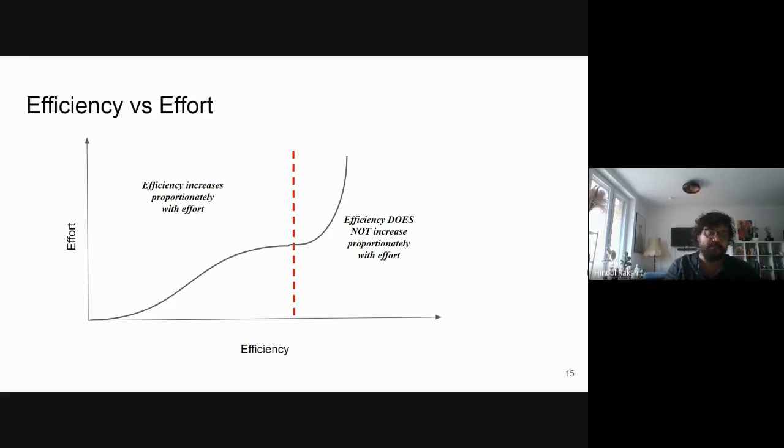So in reality, in industry, all the search engines that you see, none of them are 100% correct. What we do is balance how much effort we need to put versus how much outcome, how much efficiency, we are going to get.